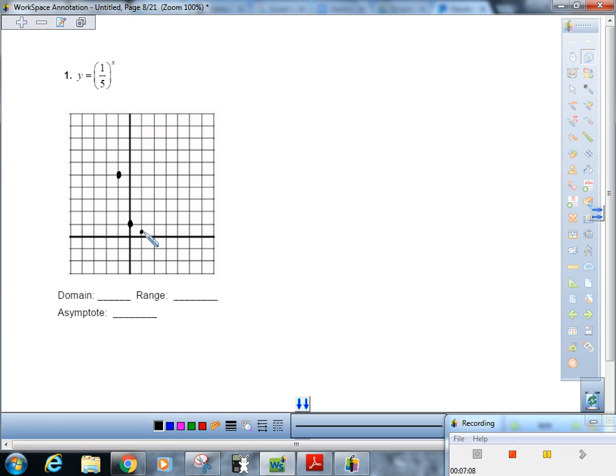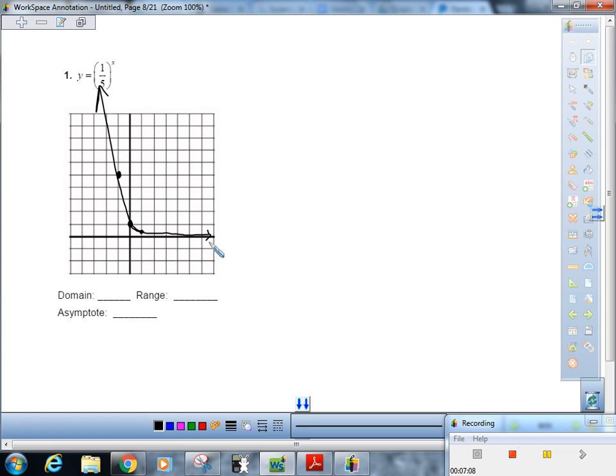So, this is going to go up forever in this direction, and it's going to go up really fast. But as we go over here, and this is so hard to draw, it's just going to keep getting closer and closer to the line without ever touching it. If you put in 1,000, your calculator might tell you that the answer is 0. But it's not. You know it's not.